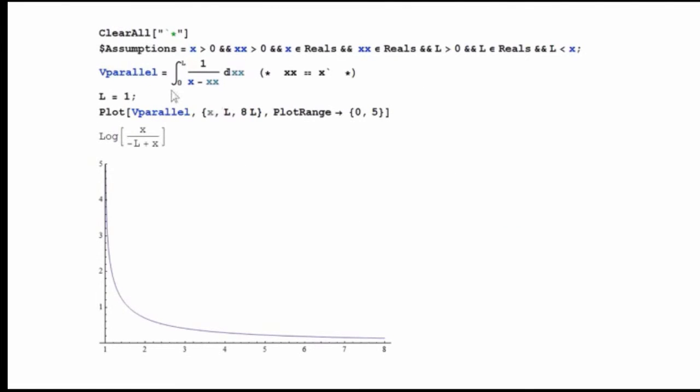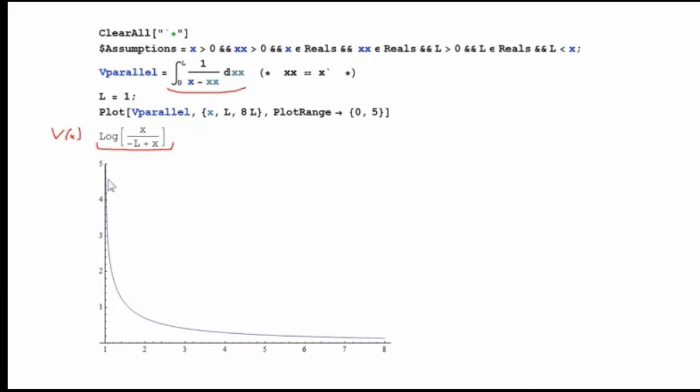Here's the integral right here, and here's the answer. This is the answer for the potential, V of x. It holds for x greater than L. So if you put in L equal to 1, then you can see that it's starting at 1 and going out to further x, and that it falls very rapidly.